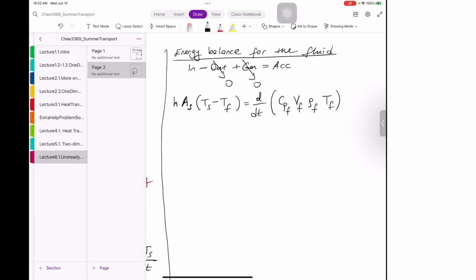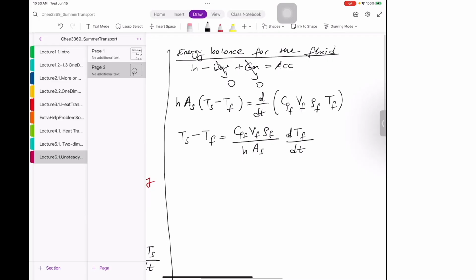And from here, you get Ts minus Tf is equal to Cpf Vf rho f divided by h As times dTf over dt. Now I have two equations with two unknowns, two differential equations with two unknown functions.